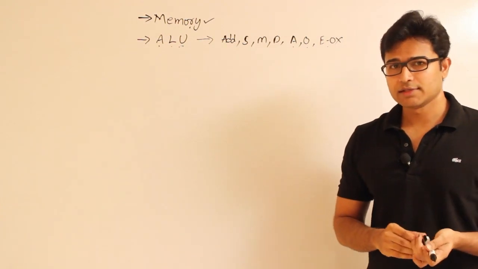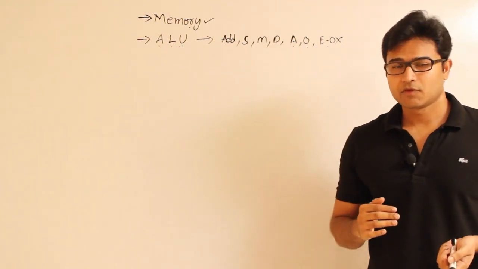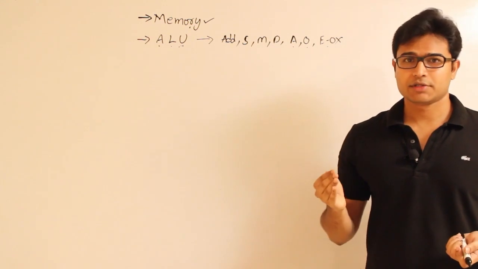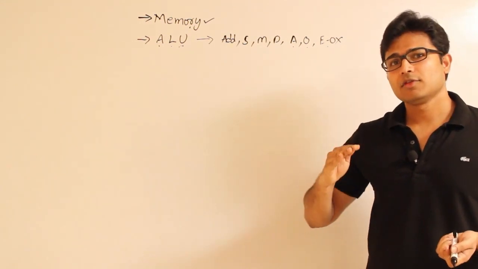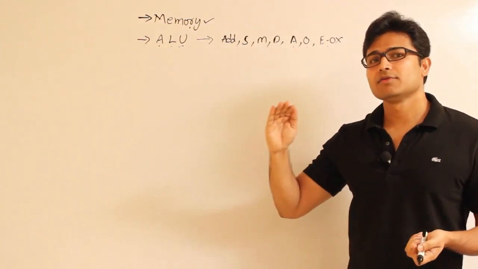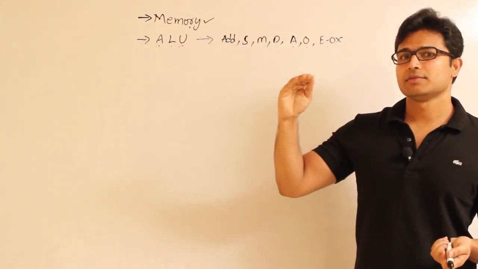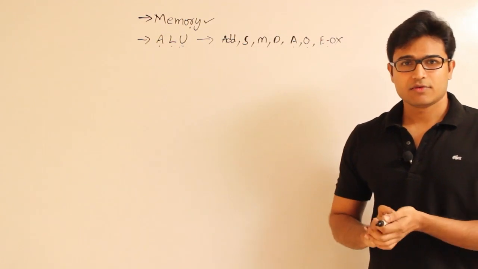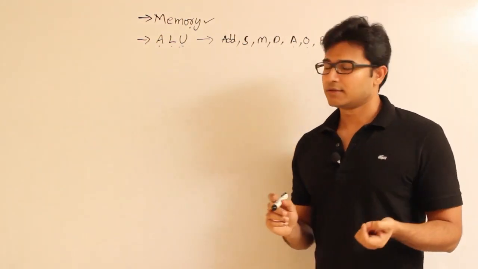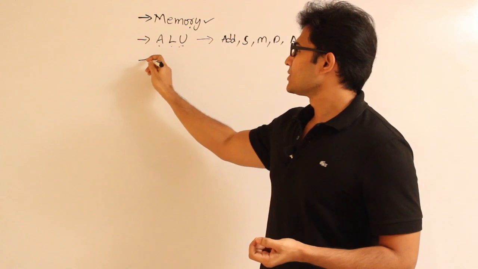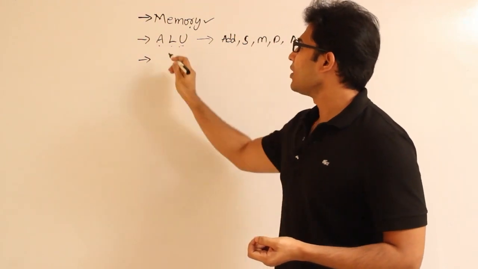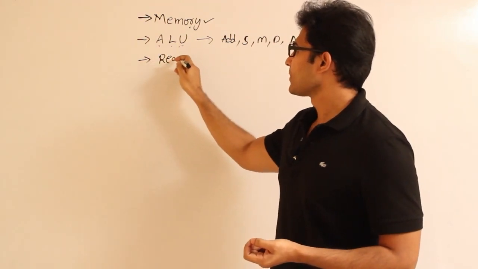So what we need is some type of memory which is smaller and faster, or at least the speed should match the ALU. If it is not faster than the ALU, at least you should come up to the speeds of the ALU. Got it? So for that reason, we are going to have smaller memory units which are called registers, right?